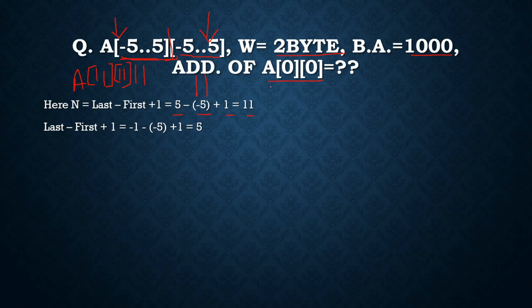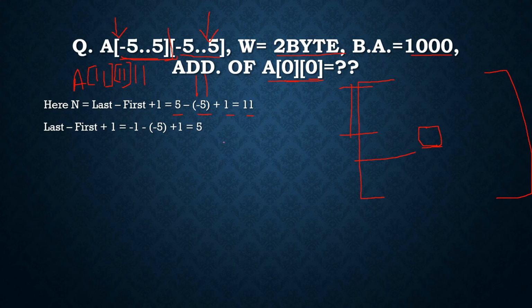So first of all, we want to find A of 00. So we represent all of this: -5 to 5. Suppose A00 is here and we are going to find its address. Before that, how many rows are filled up and how many elements are filled up?